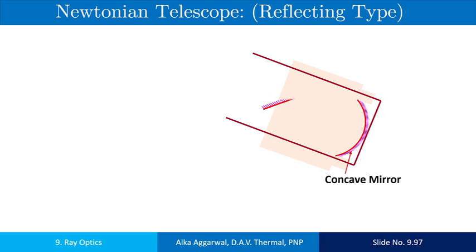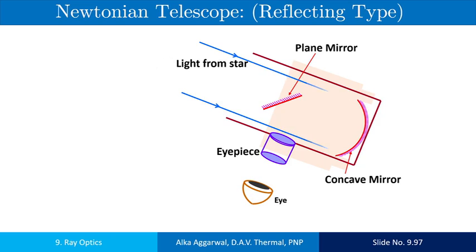Before the light is focused, it meets a small plane mirror inclined at an angle of 45 degrees to the axis of the tube in which the objective is placed. The image of the star is further magnified by the eyepiece, consisting of a number of lenses and fitted in a tube T2. The arrangement is mounted on a stand.